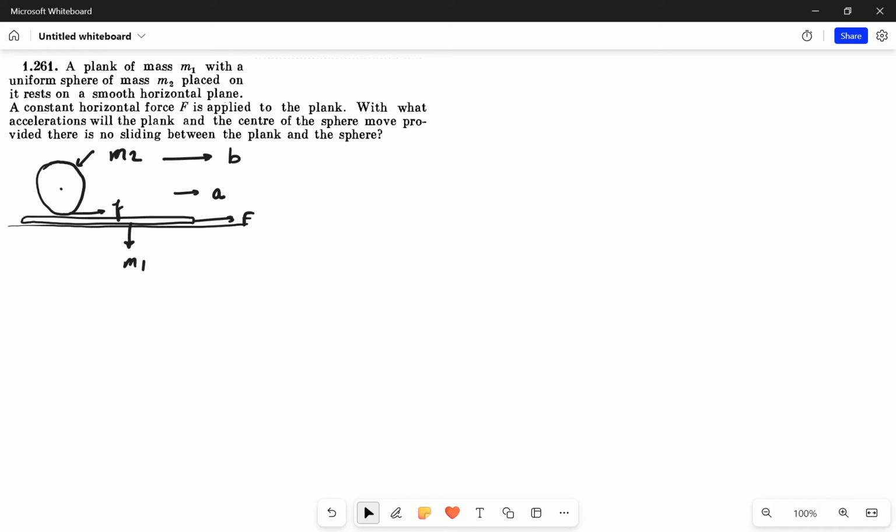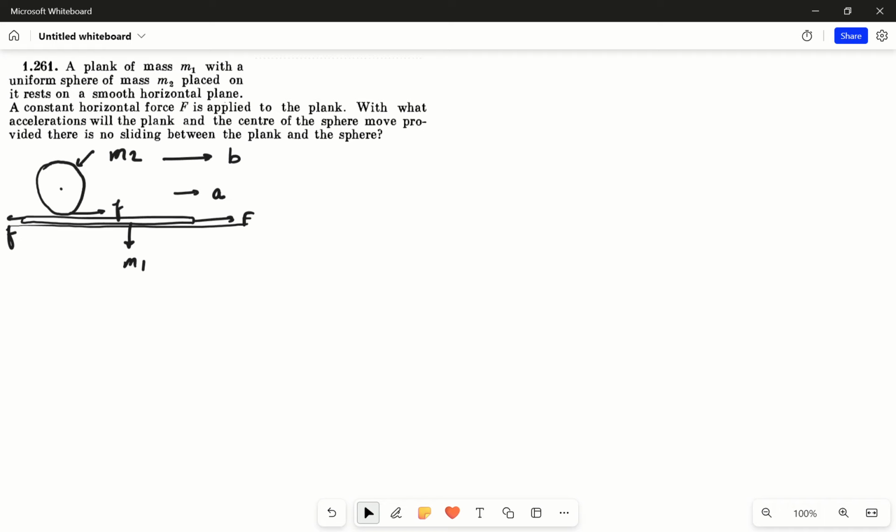So the friction force acting on the plank would be in the backward direction, and the force acting on the sphere would be in the forward direction, right? Due to this friction force, this sphere would have an acceleration b.